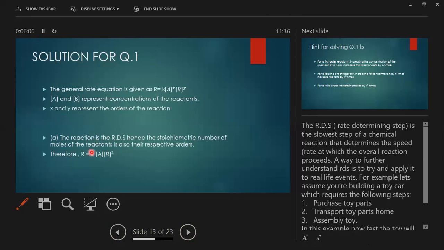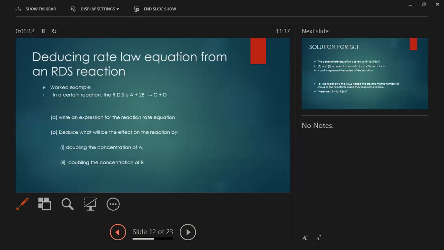We got the rate equation, and we are supposed to now deduce what will be the effect of the concentration of A. So if you look at A, it has 1 mole here, so it means that A is a first order reaction.